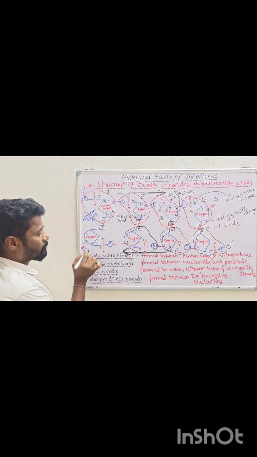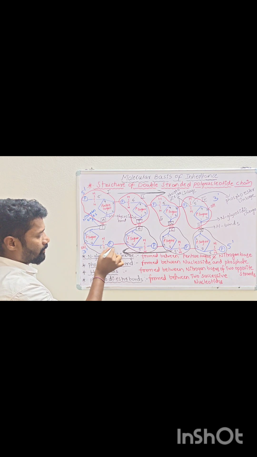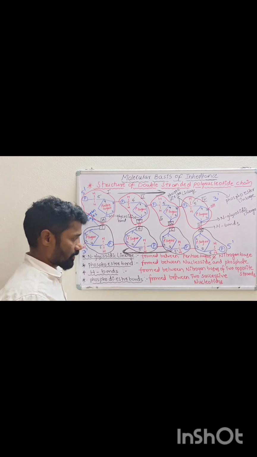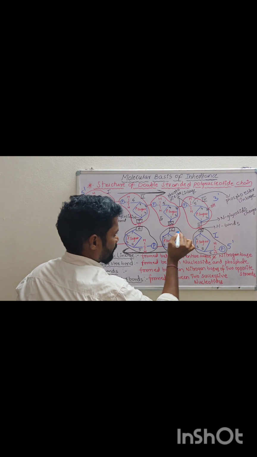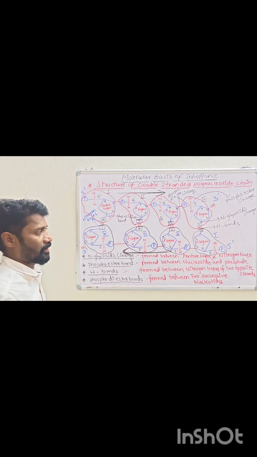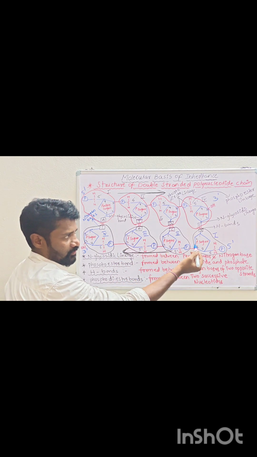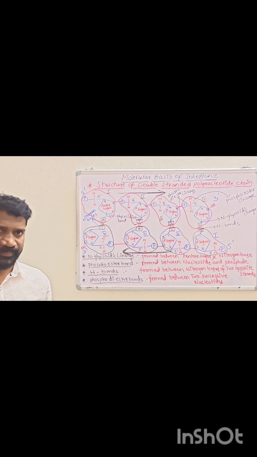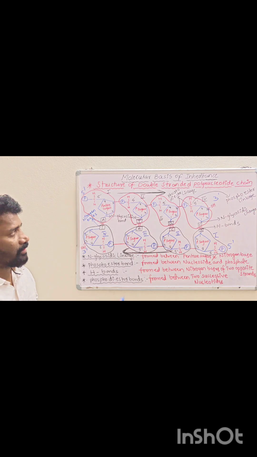They are also the same. Here also there are four nucleotides. This is the first, this is the second, this is the third, and this is the fourth nucleotide. In the case of the lower polynucleotide chain, the first nucleotide should be this one, and the last nucleotide should be this one. What is the reason behind this? We will discuss later.